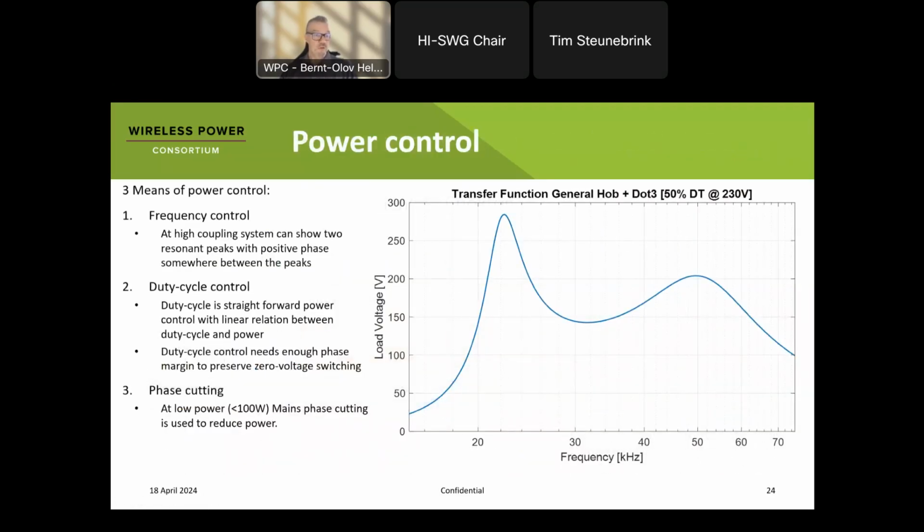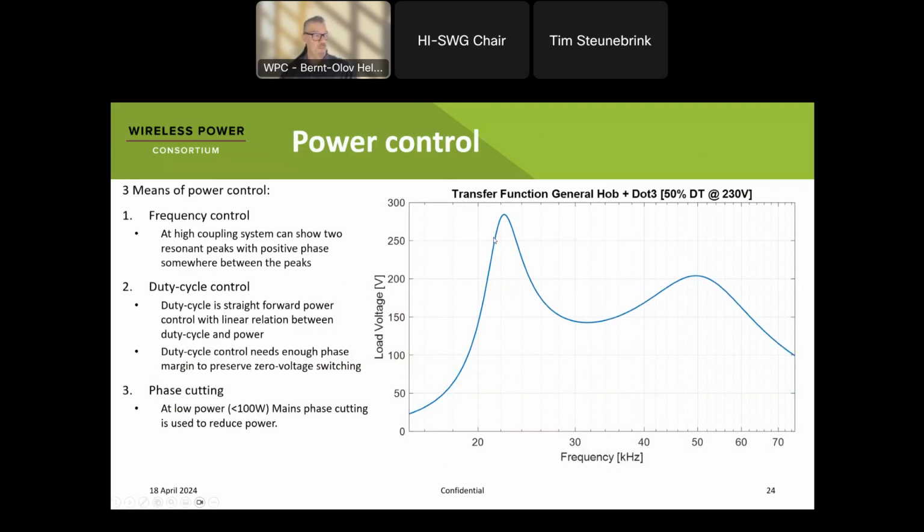Some about the power control. It's a bit more advanced than induction hobs and requires a selected mode of control, depending on power delivery. So the picture is showing a typical function between voltage equivalent to power, depending on frequency.